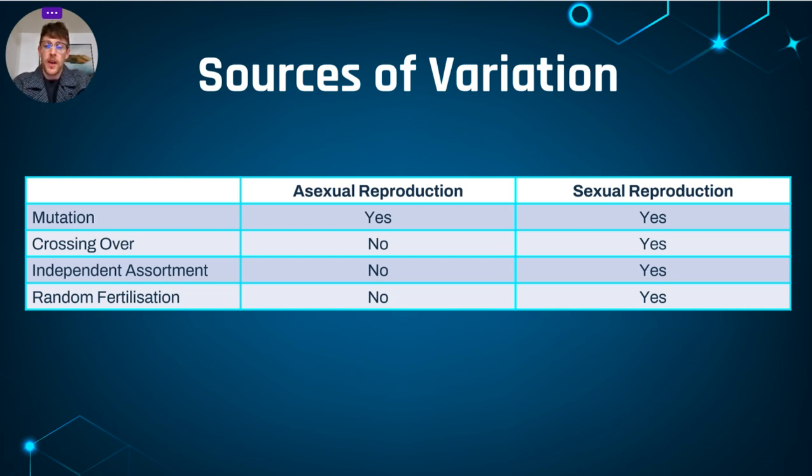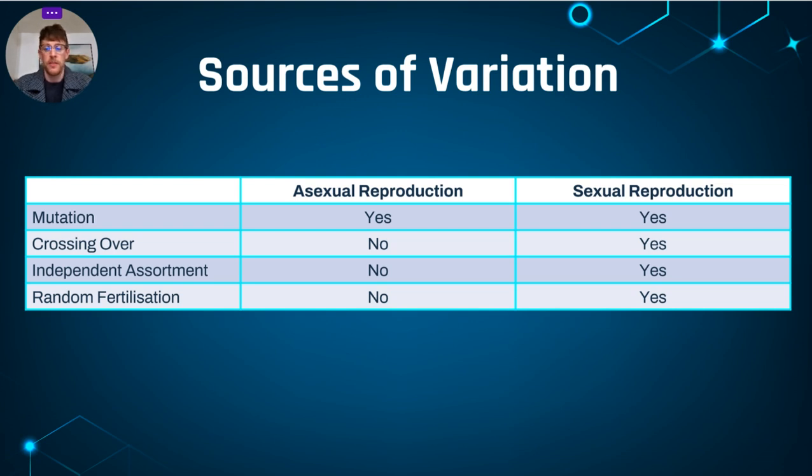When we look at bacteria, the only source of variation can come from mutation, because there's none of that crossing over, independent assortment, and then random fertilization or picking of partners, because it's basically binary fission. So that leads me to the last point, suggesting that bacteria's variability does not really change as much as us in our offspring.